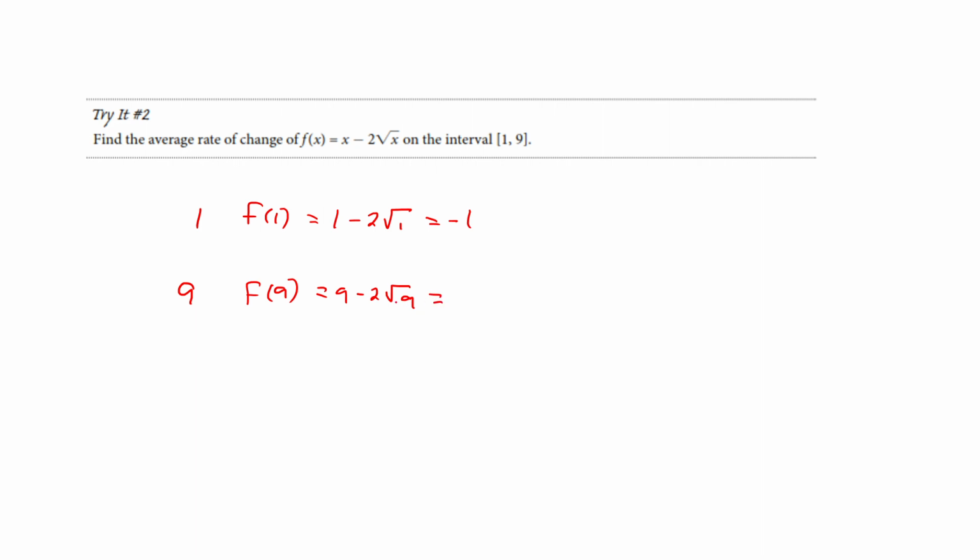Down here I get 3. So I now have these 2 points, 1, -1, and 9, 3. We just need to find the slope. So y2 minus y1, x2 minus x1. So my average rate of change is 1/2.